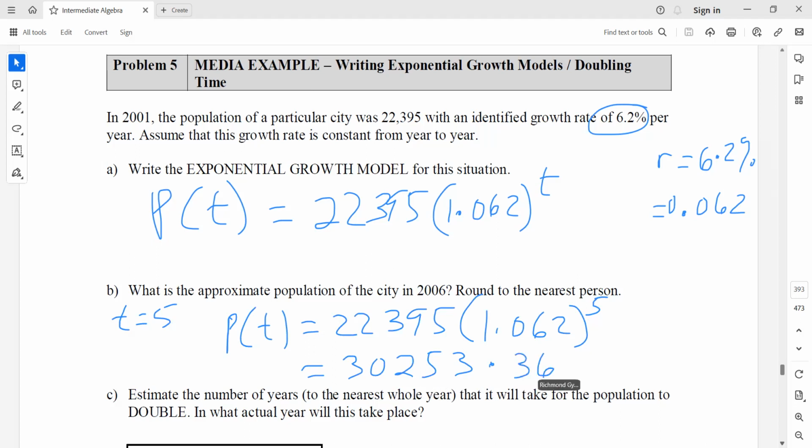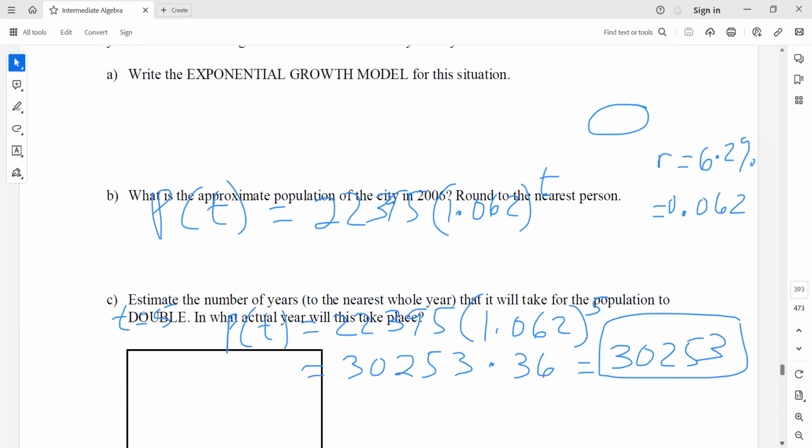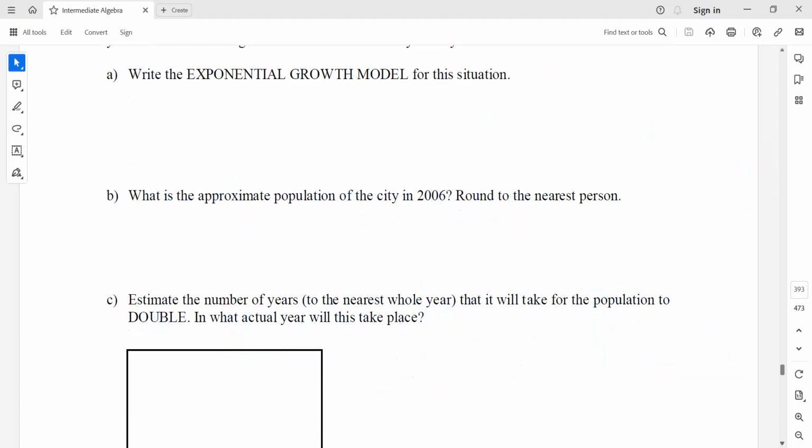And then because we are dealing with population, you do 30,253. Because you don't want it to go over, right? So you don't want to round up, just round to the nearest whole. Just do that. 30,253. All right.